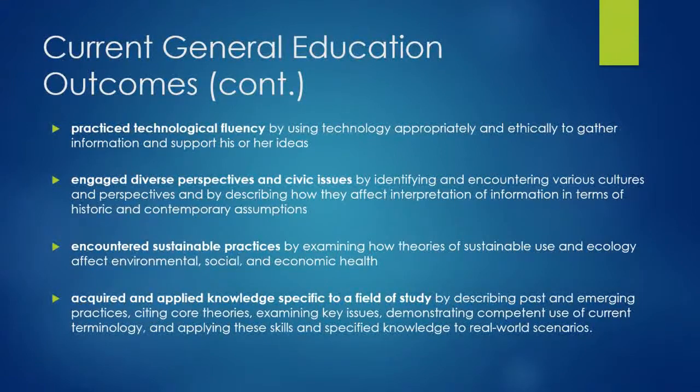Aligning our general education outcomes with the AAC&U VALUE rubrics allows us to do that, right? We talked about revising them, paring them down so we can assess them in a manageable way, and then tying them to a tool like the rubric where we can have a shared understanding across the institution.